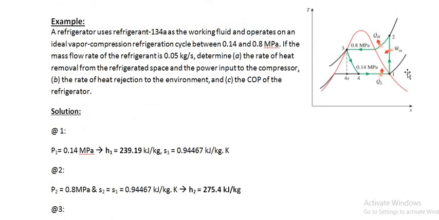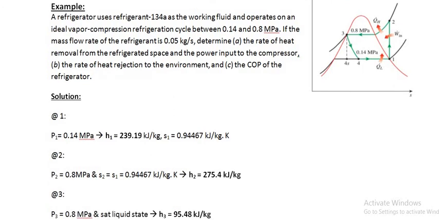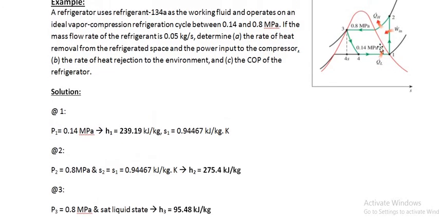I removed the earlier line to remove this confusion, but remember that in part A we were required to find QL. So we'll write it now. QL is equal to m dot into H1 minus H4, since heat is being added.